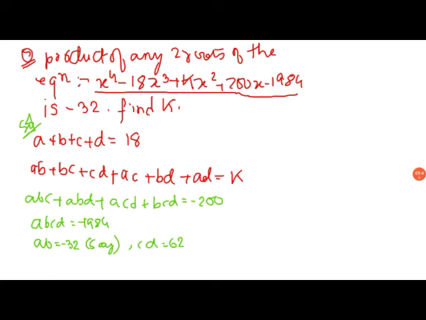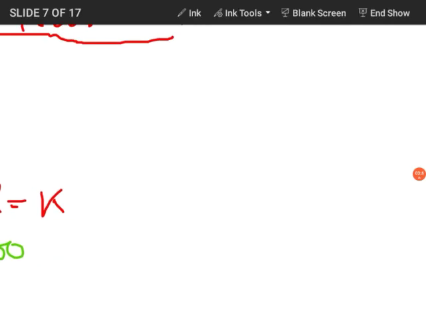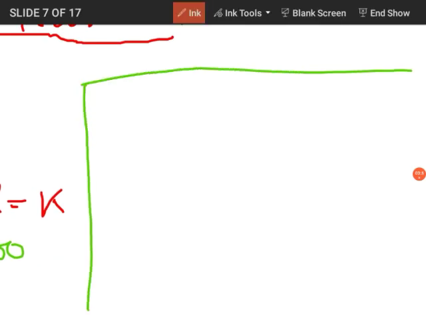So let's say we have two equations. The first equation being x square plus mx minus 32 is equal to 0, and its roots are a and b.